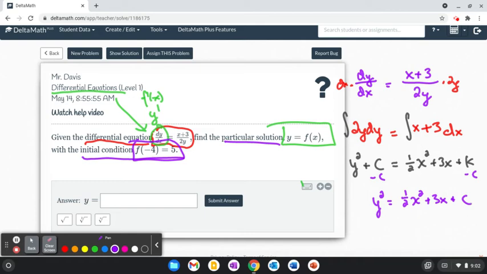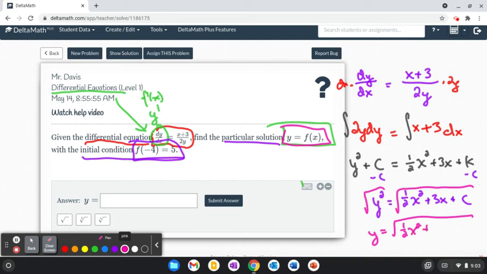Okay. So then last thing we need to do to get what we'll call the general solution is to just get the y by itself. Okay, so that's what we're trying to get. So we take the square root. All right, so we get y equals square root of 1/2 x squared plus 3x plus c.